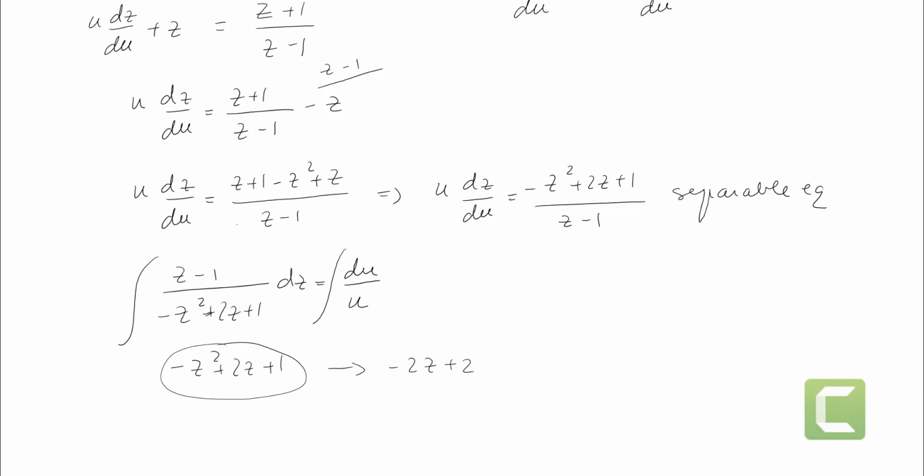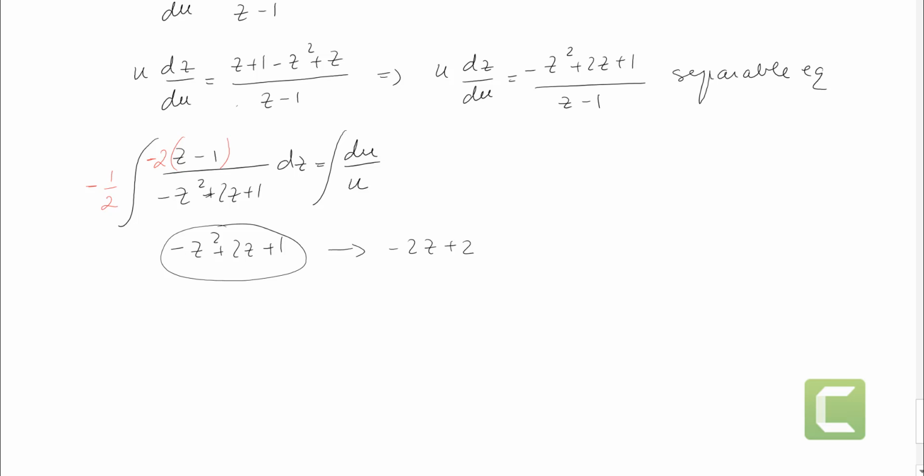So basically I can multiply the top by −2 and then eliminate that −2, because I cannot just multiply something, I have to multiply by 1 basically. So this one becomes negative a half, and then at the numerator I have (−2z + 2) dz, which is exactly the derivative of the denominator, which makes it natural log of (−z² + 2z + 1) equals ln|u| + c.